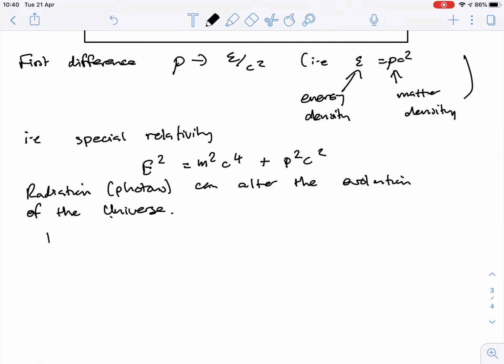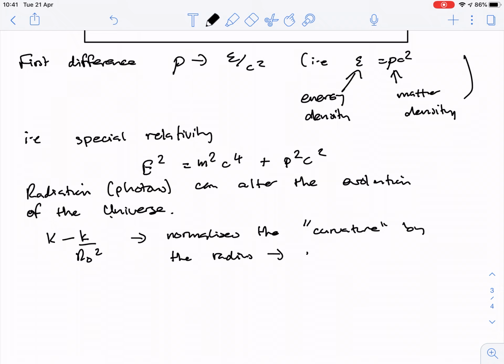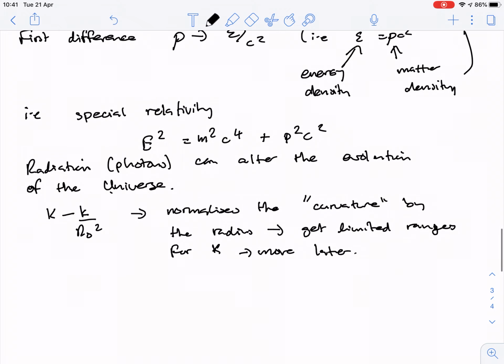And so what the kappa does is it normalizes the curvature by the radius, and therefore you get essentially limited ranges for k. More on that in a minute. And they're really the main changes that you see.